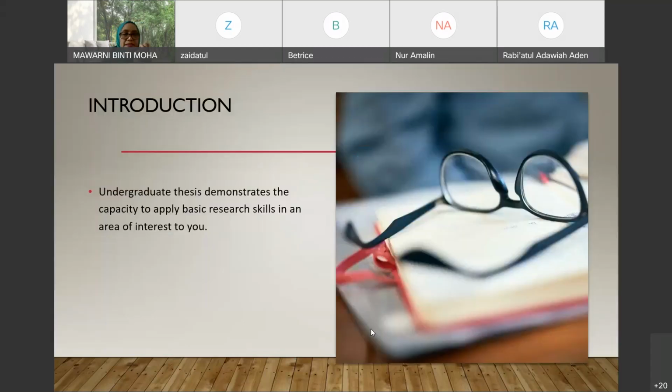Now we understand why we do research. It's part of your academic matters. It is part of your responsibility. But bear in mind, you need to do something that you like, and an undergraduate thesis demonstrates the capacity to apply basic research skills in an area of interest to you.